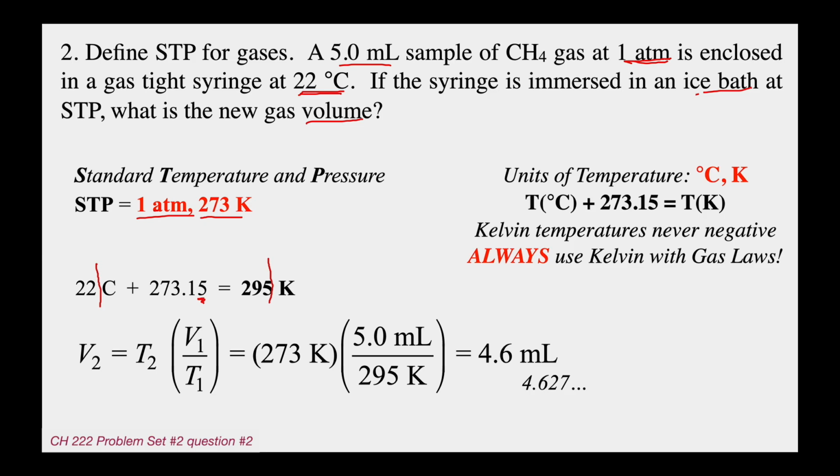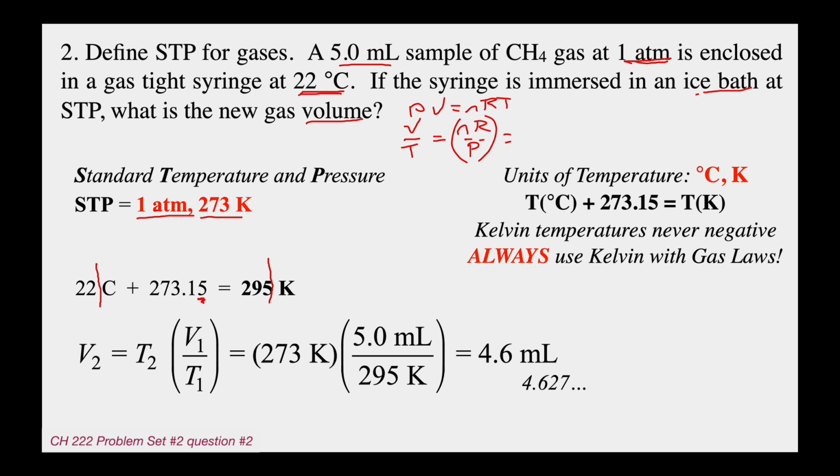To get this equation, remember that PV equals nRT, but only V and T are changing. So if you clean this up a little bit, you get V over T equals nR over P. And the nR and P values are not changing here.